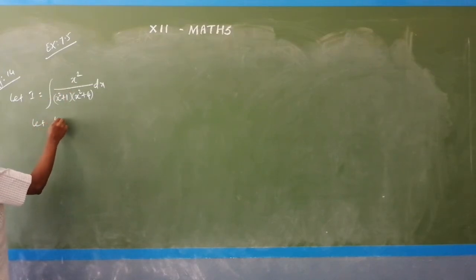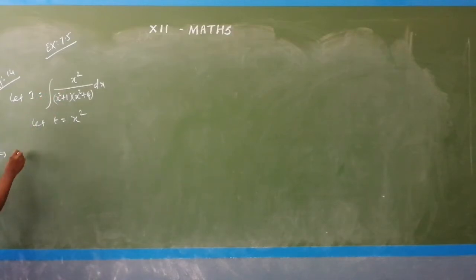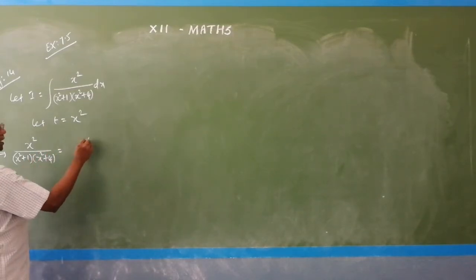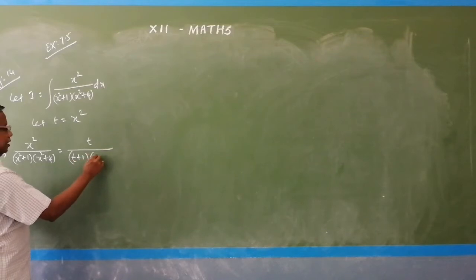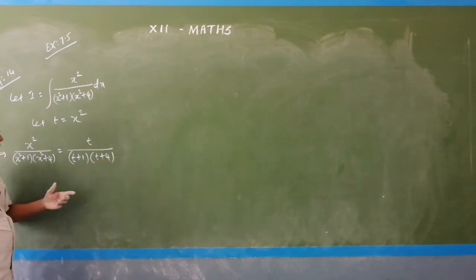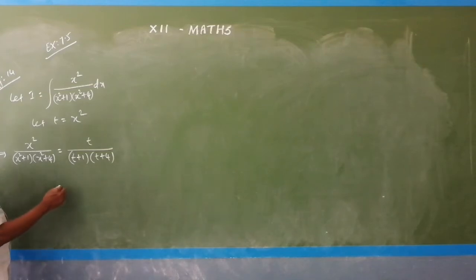So, the rational function x square divided by x square plus 1 into x square plus 4 can be written as t divided by t plus 1 into t plus 4. So, in the denominator we have the product of two linear functions.